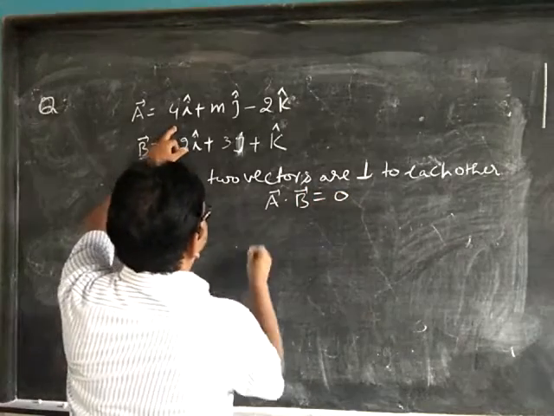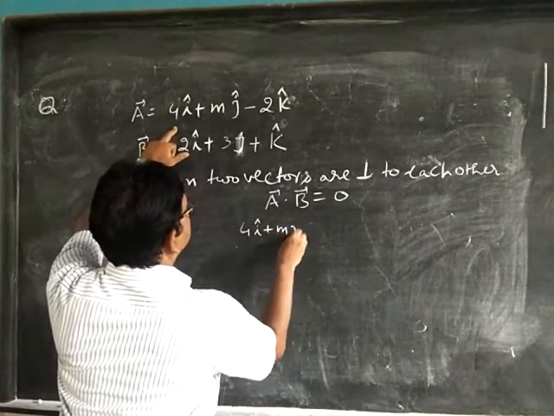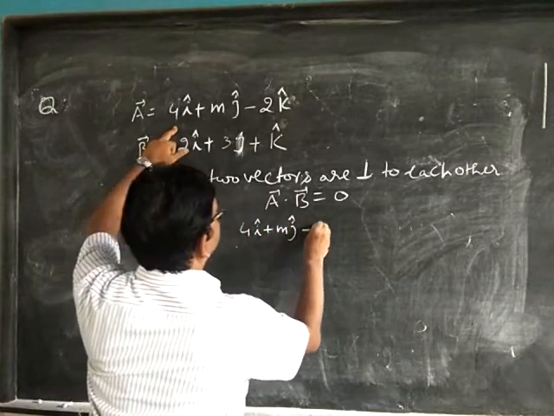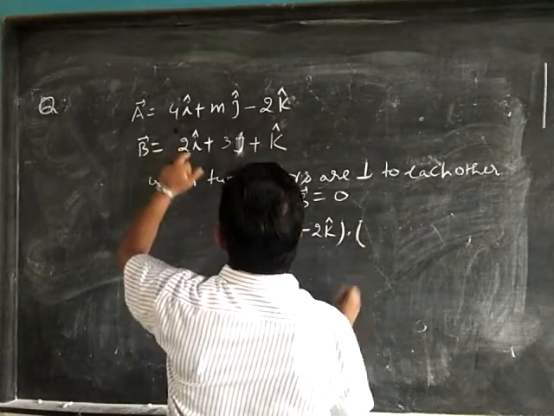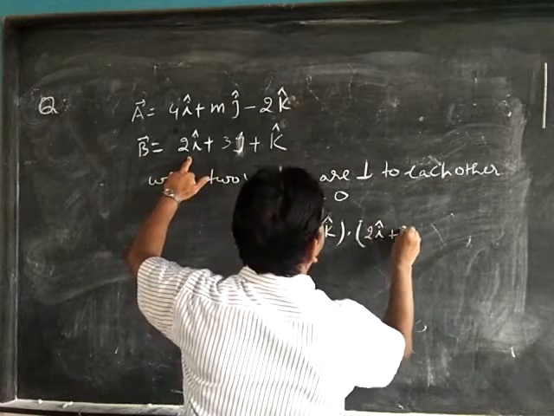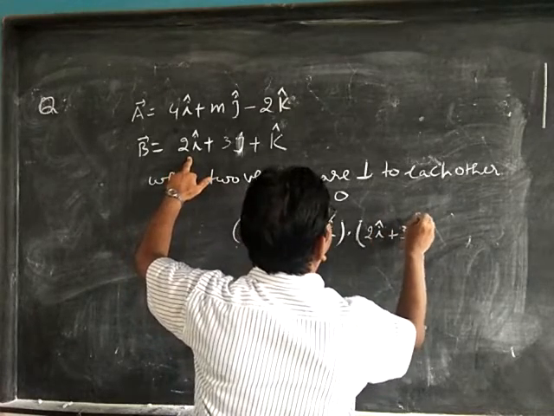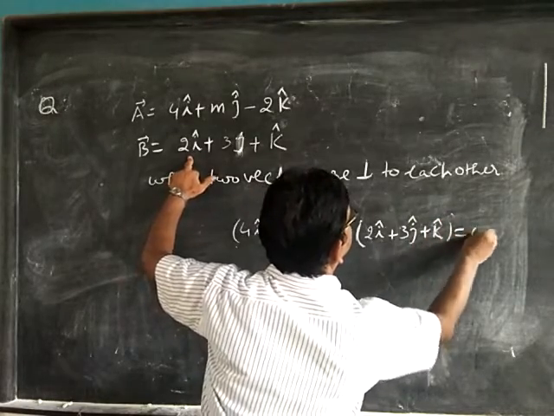Here vector A, 4i plus mj minus 2k, dot 2i plus 3j plus k is equal to 0.